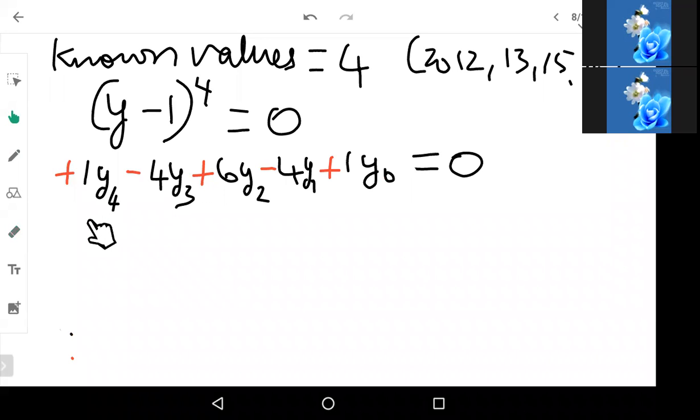Again, from left to right, plus, minus, plus, minus, plus is equal to 0. So we have solved until here. Any doubts until here? Can I go to the next step?